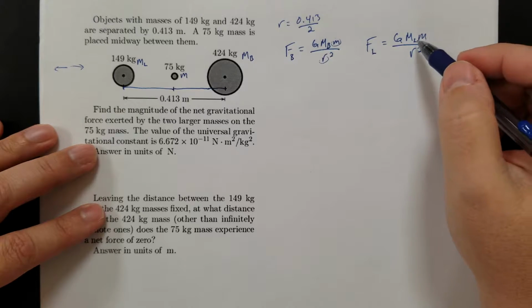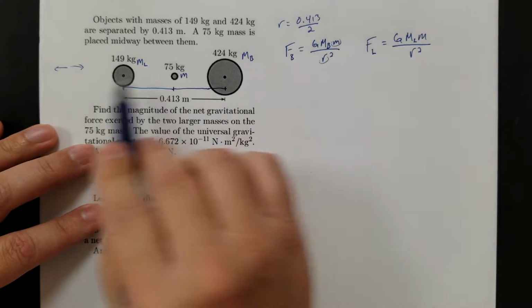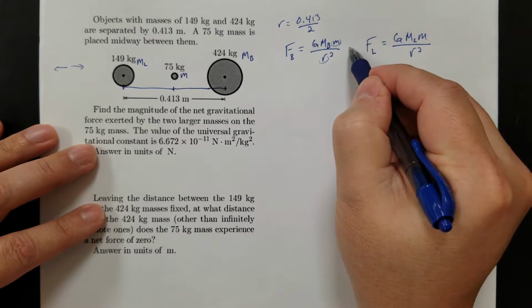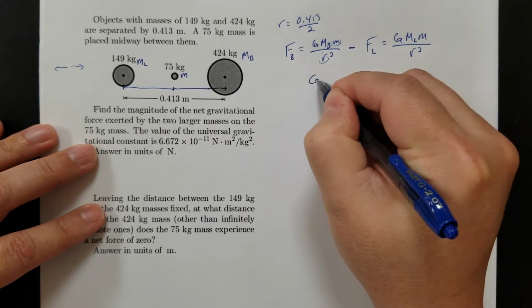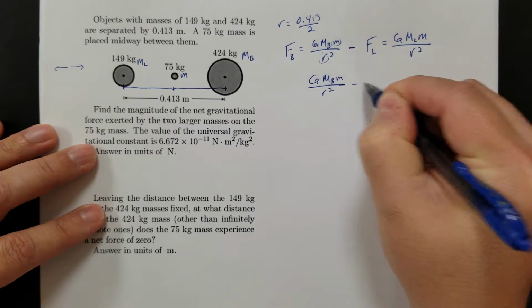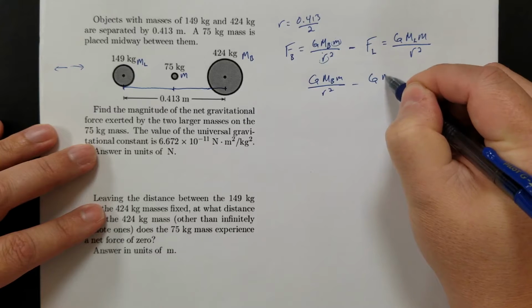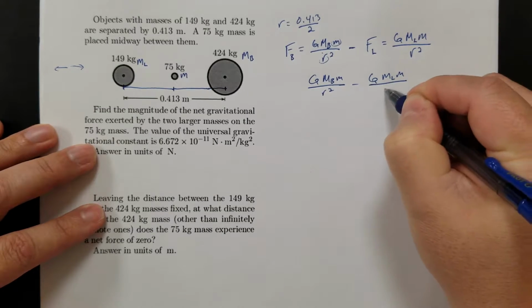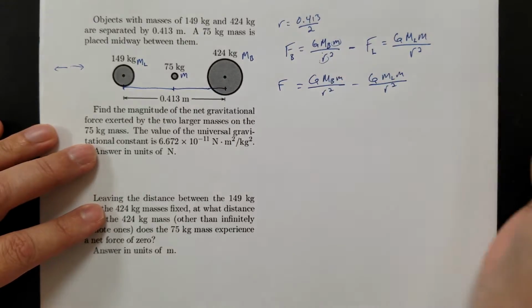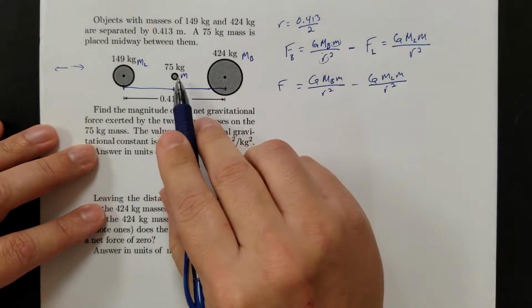I can take these two things and I can say the vector sum is subtracting them. So it's just this minus this. So if I say G mass of the big one times M over R squared minus G mass of the little one times M over R squared, that's going to be equal to the force acting on this mass.